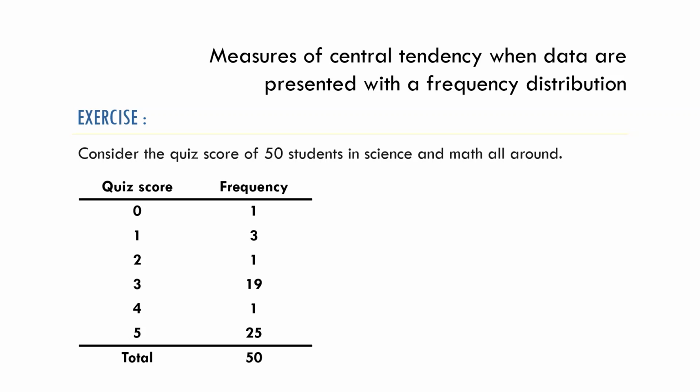So for example, in this case, we have 50 students and we have a quiz score of 0 to 5, and the frequency is from these tables. How are you going to find mean, median, and mode?